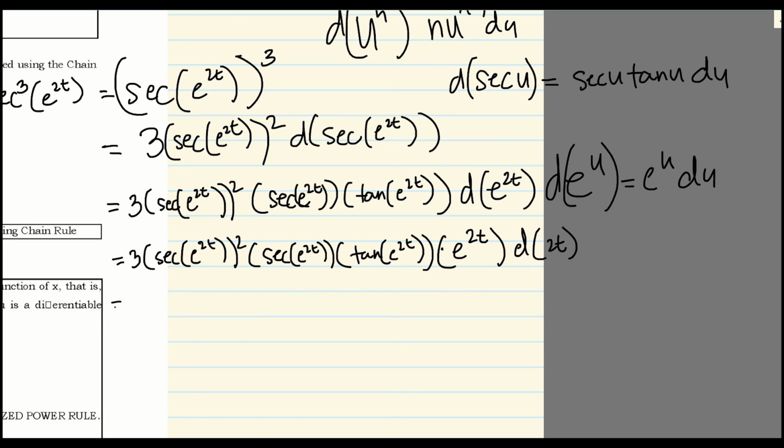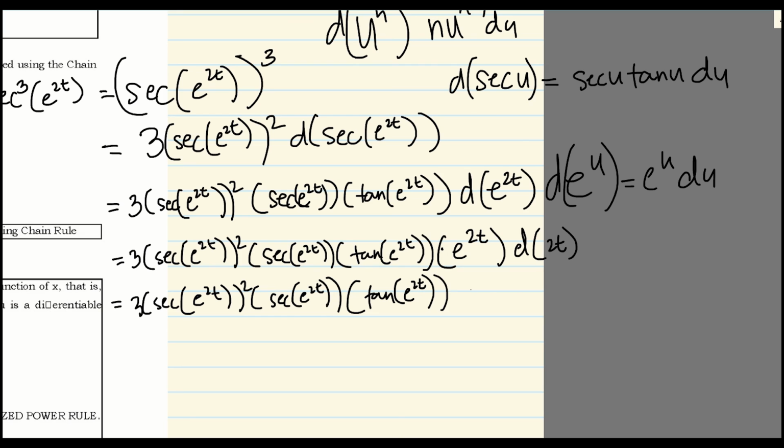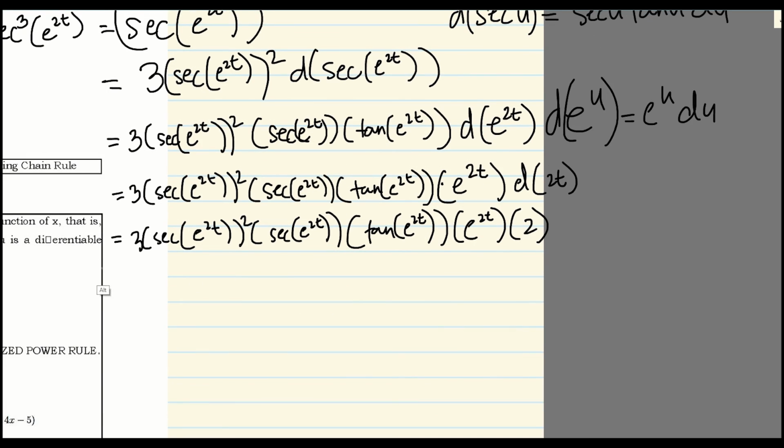Okay, so we have here 3. We will just copy it here, 2t squared sec e to t times tan e to t, and then e to t. What is the derivative of t? It is 2. Okay, so we have here 6.